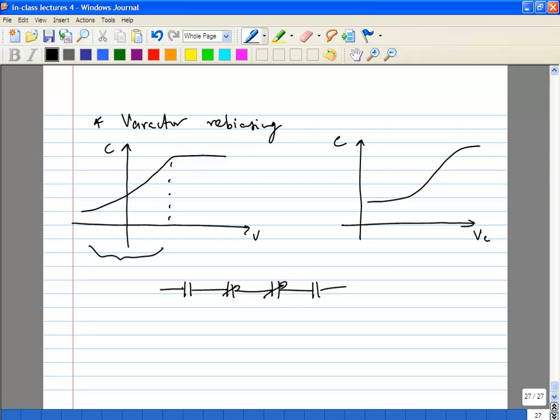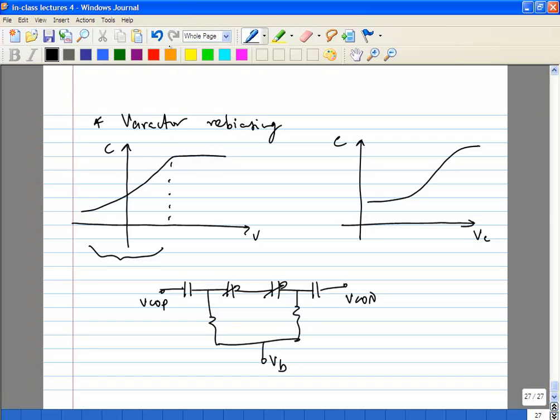So let's say this is your varactor, this is your VCOP and VCON. You'll have to do something like this. You're going to effectively rebias the varactor such that it comes here. VB will not be negative.